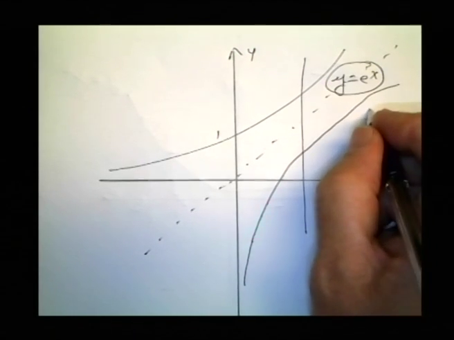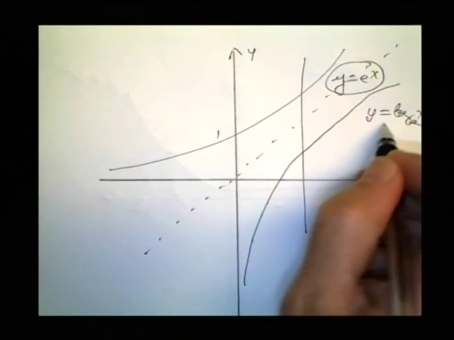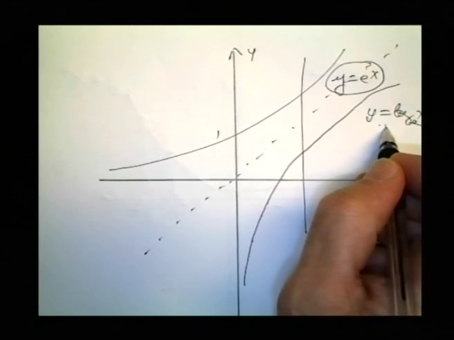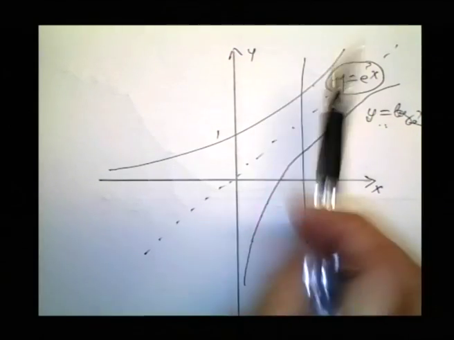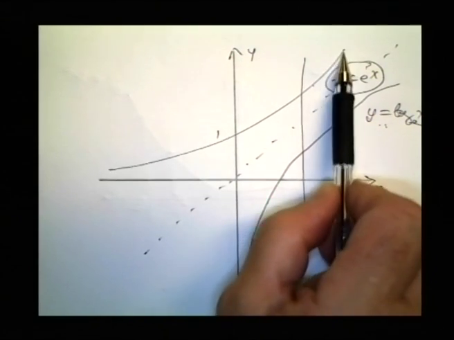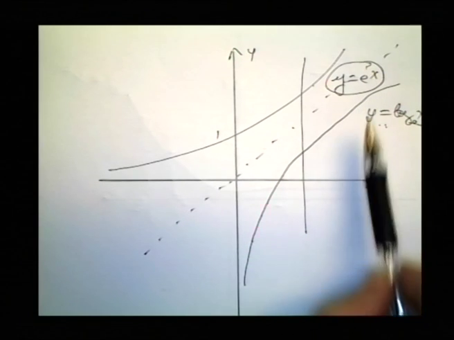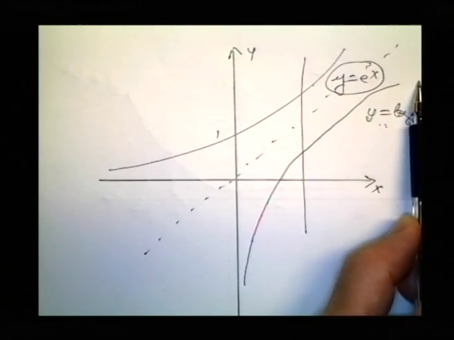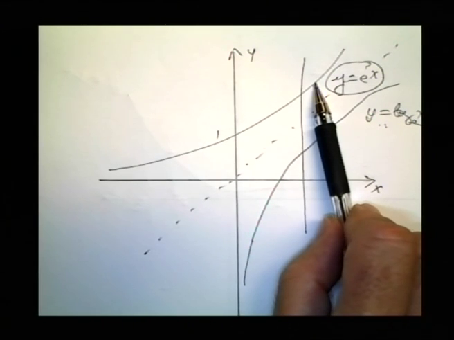I established this as y equals the log of x to the base e. This one here is also a function. In fact, it's the inverse function of this particular graph here. Y equals log x to the base e is the inverse of y equals e to the x, or vice versa. Y equals log x to the base e, the inverse of that is y equals e to the x.